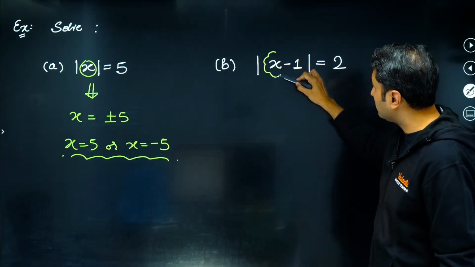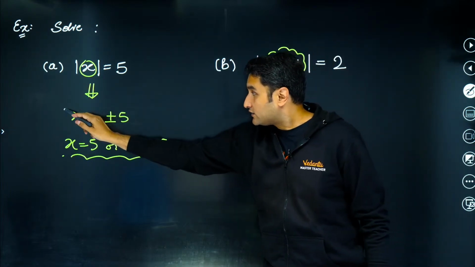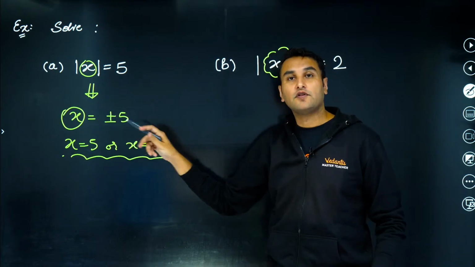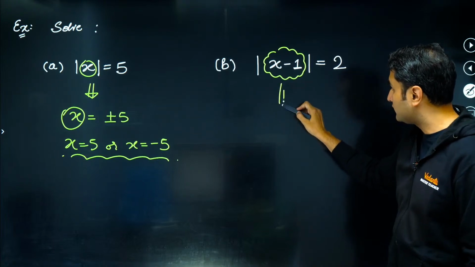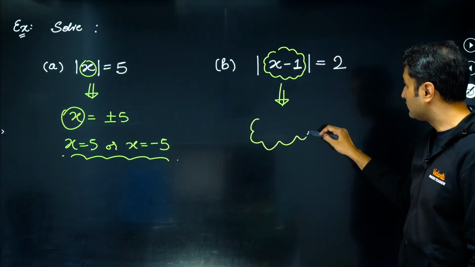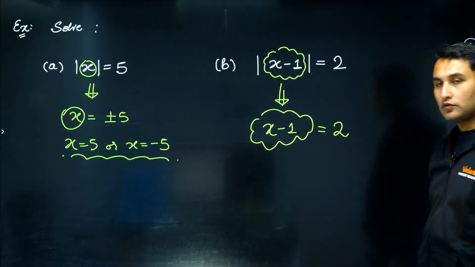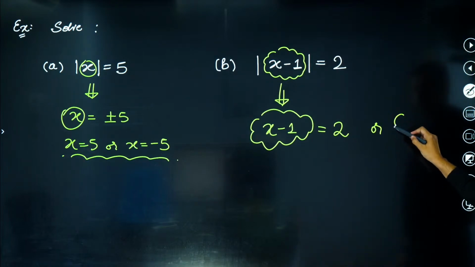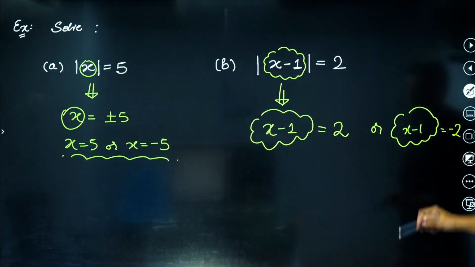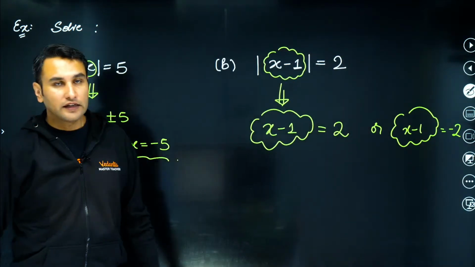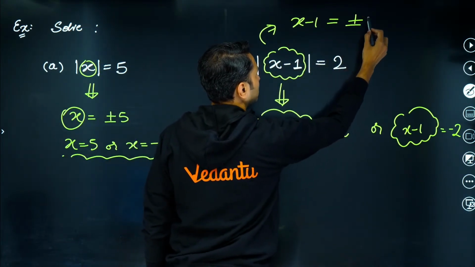Inside is x minus 1. Whatever was done with x here, x was equal to plus minus 5. Now whatever is inside the modulus will either be equal to 2 or equal to minus 2. Got it? In simple words, this implies x minus 1 is equal to plus minus 2.